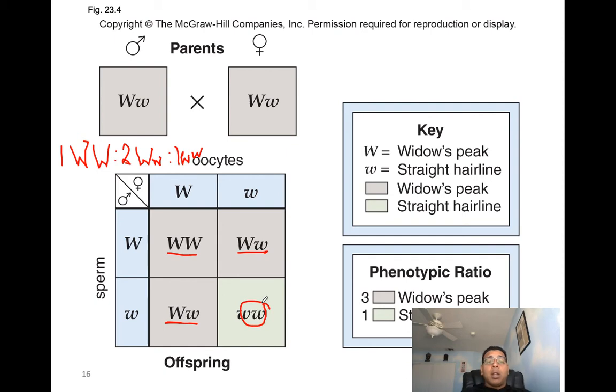So now if we talk phenotypic ratios, here we can see phenotypic ratios. In our phenotypic ratios, we have 3 individuals, you can see here, 1, 2, 3 individuals that will have a widow's peak, and our 1 individual that will not have a widow's peak, that will have a straight hairline.